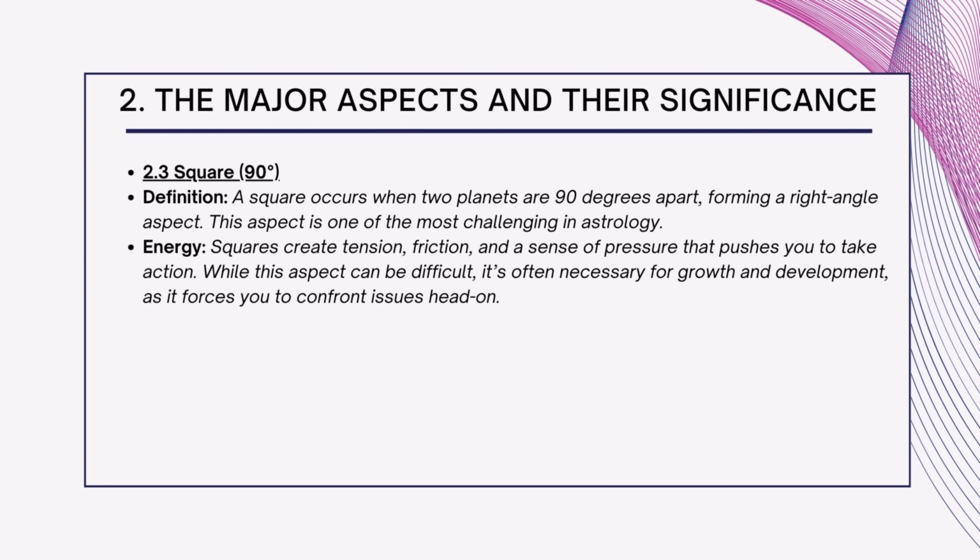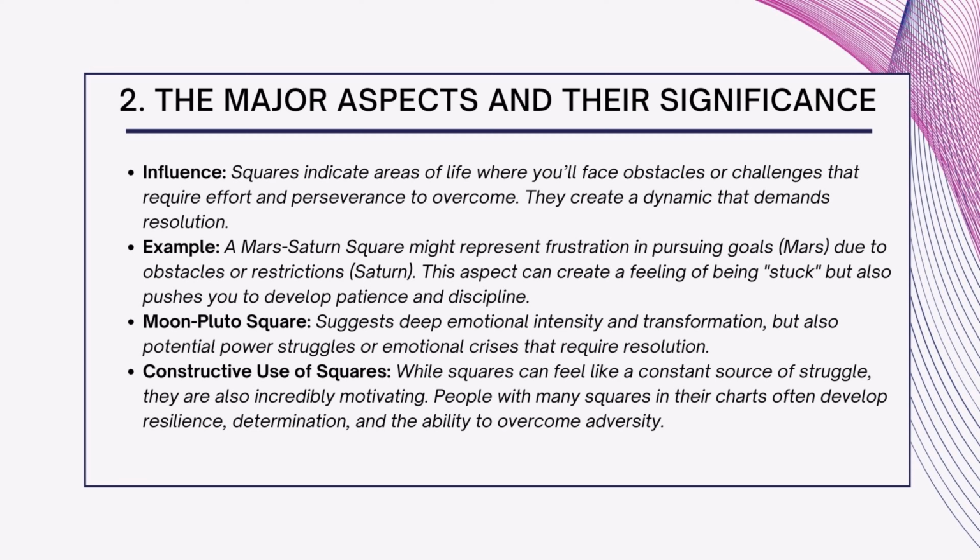Influence: squares indicate areas of life where you'll face obstacles or challenges that require effort and perseverance to overcome. They create a dynamic that demands resolution. Example: a Mars-Saturn square might represent frustration in pursuing goals, Mars, due to obstacles or restrictions, Saturn.